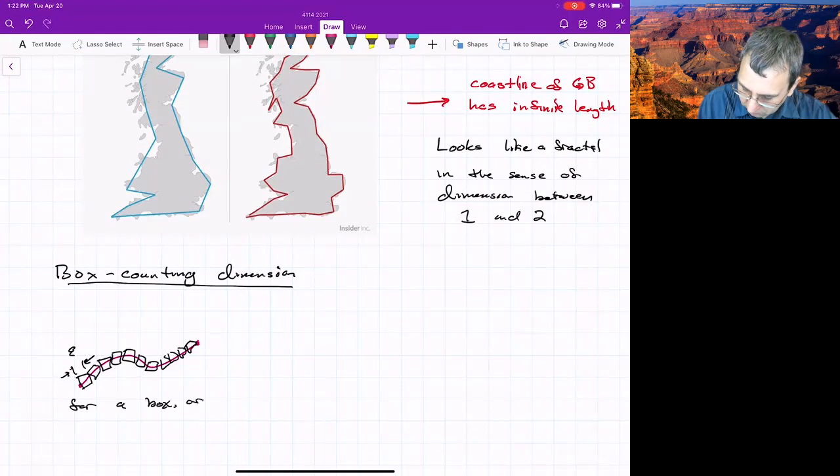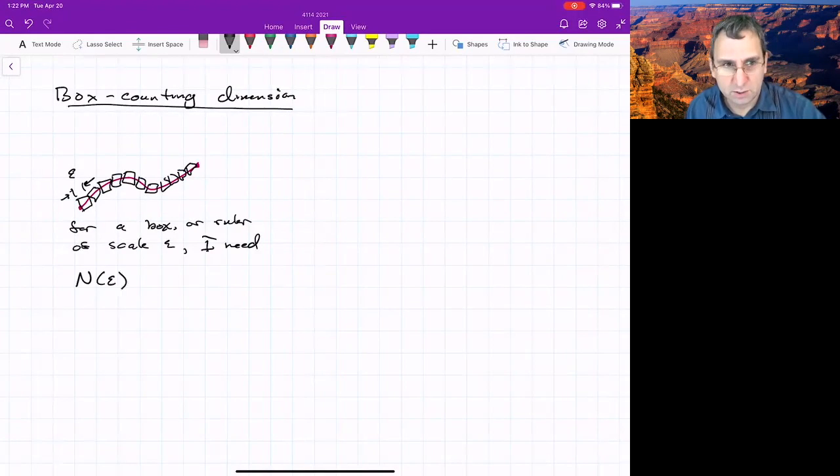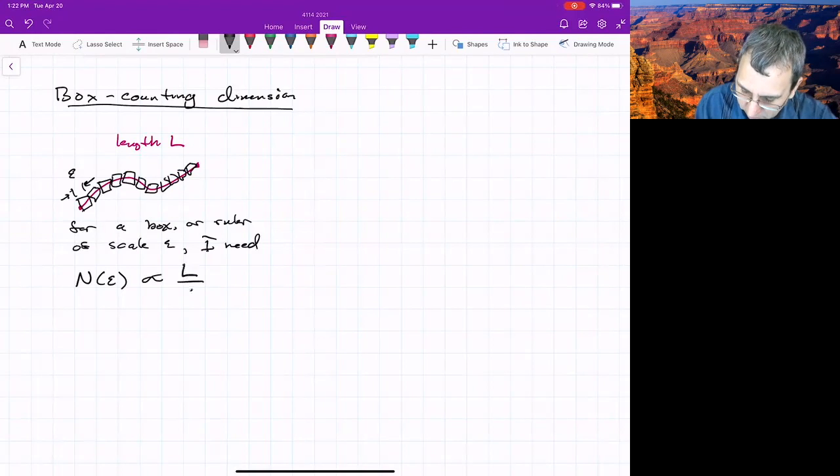So for a box or ruler of scale epsilon, I need N boxes to cover that length. And for an actual curve, if we know that the length is L, this is going to be proportional to L over epsilon. Now, what about for an area?